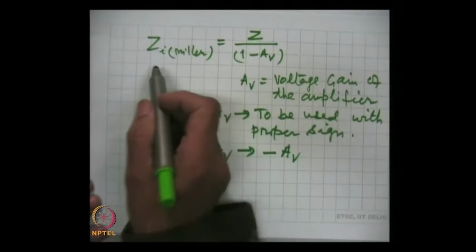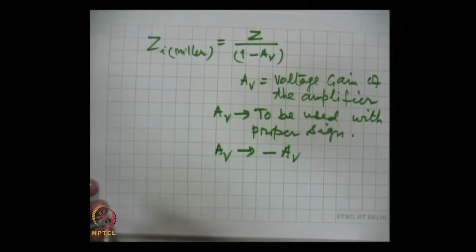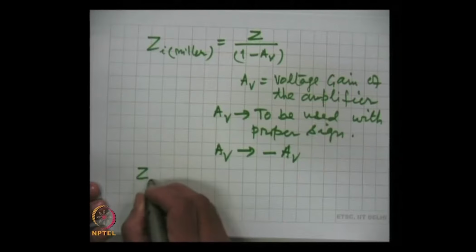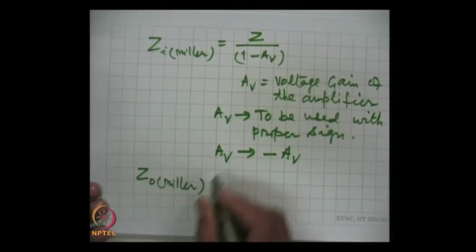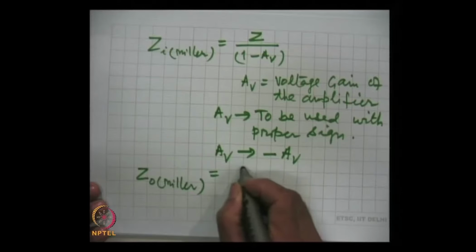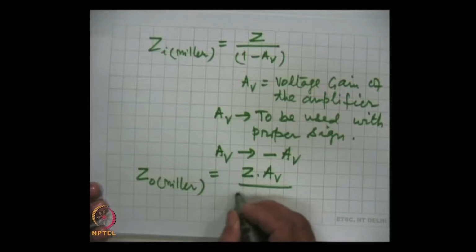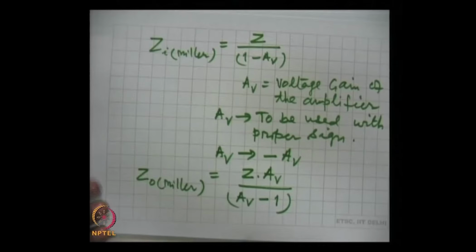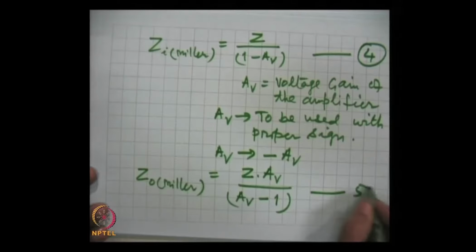So, this is at the input side, this is the impedance, and at the output Z out Miller is equal to Z AV by AV minus 1. This is the expression. These are expressions 4 and 5.